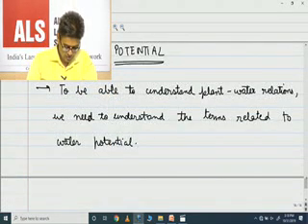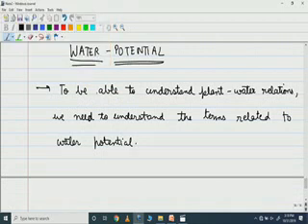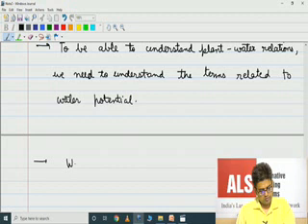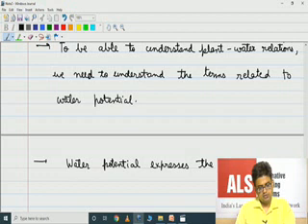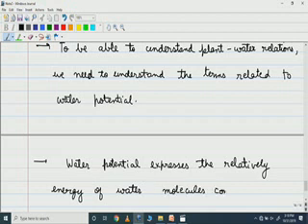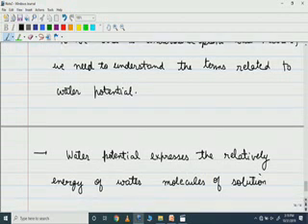Please write: water potential expresses the relative energy of water molecules of solution compared to pure water.